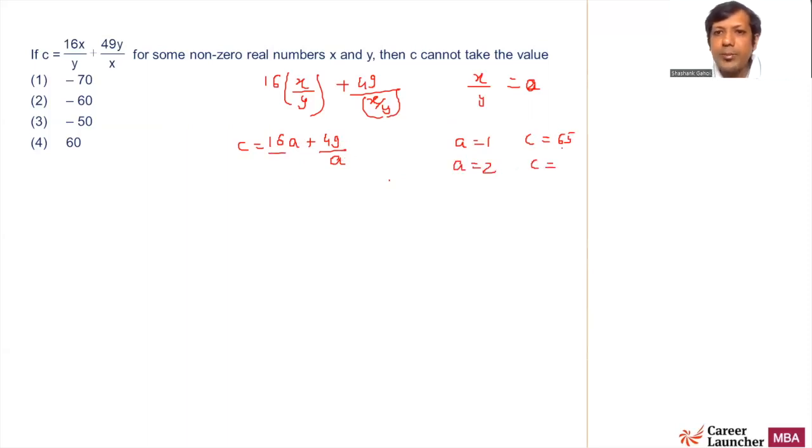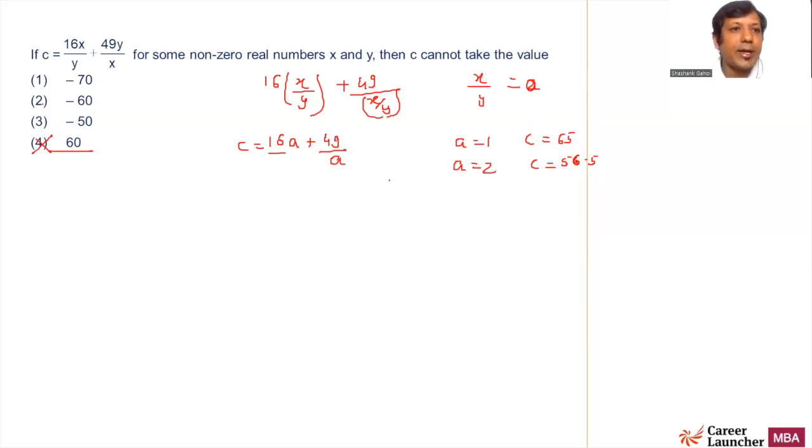So c becomes 56.5. Now at a equal to 1, I'm getting 65. At a equal to 2, I'm getting 56.5. So in between somewhere I am supposed to get a value of 60. So 60 should be a possible value. So this option is rejected.